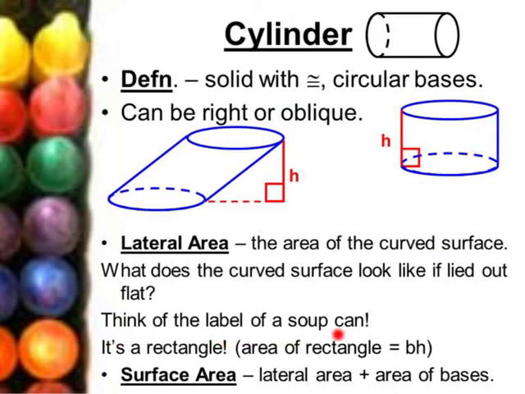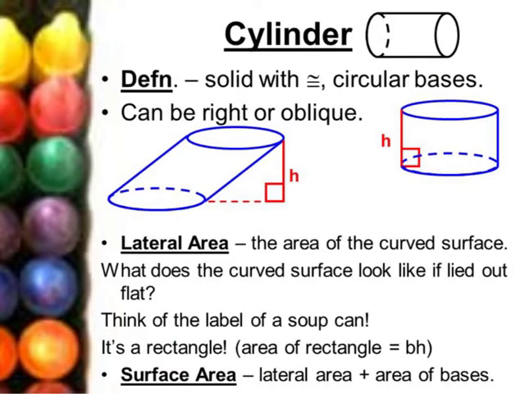Think of the label of a soup can. If you were to cut that off the can and lay it out flat, it would be a rectangle. Now for surface area of a cylinder, you find the lateral area and then add the area of the bases, the top and the bottom. Alright, so that is cylinder and prism.